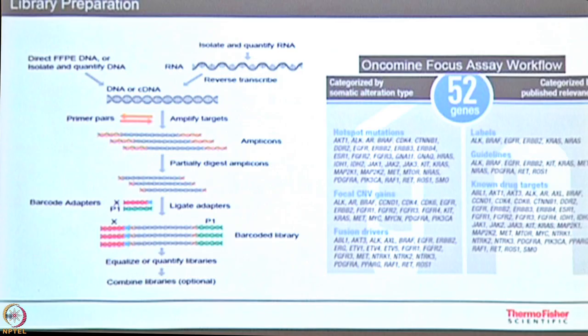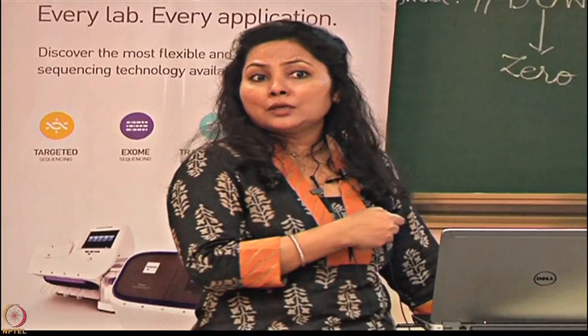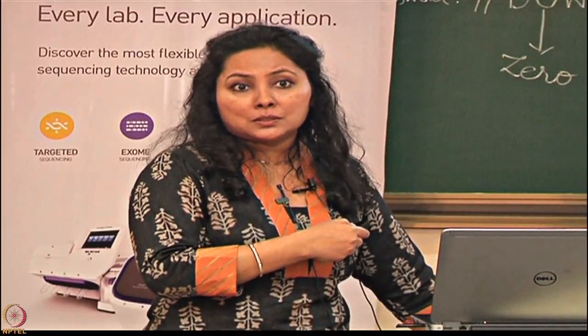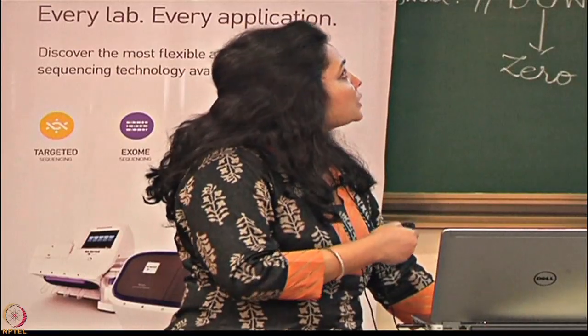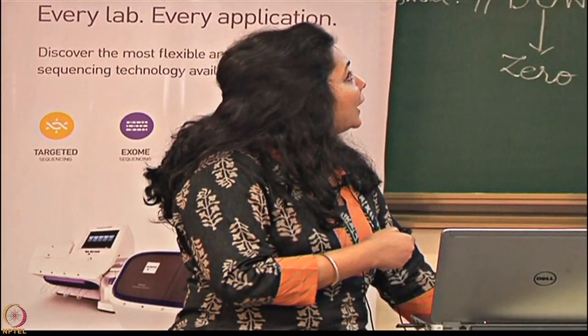So you take this primer pool and you use this DNA and cDNA as your target. All these genes get amplified in one go, and then since the primers are coming from conserved regions wherein you do not have any hotspots or any kind of variations to be looked into, we partially digest these primer sequences and then we ligate adapters.